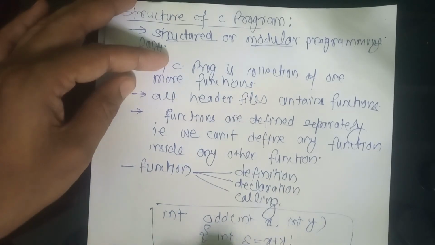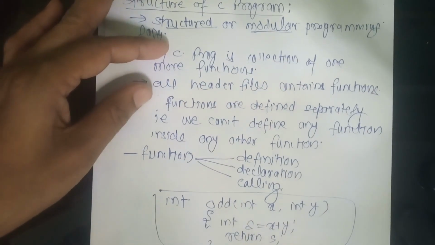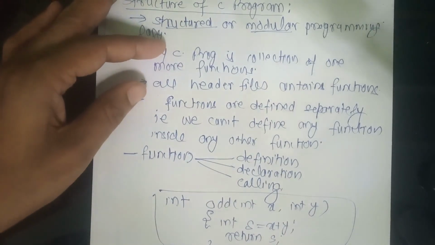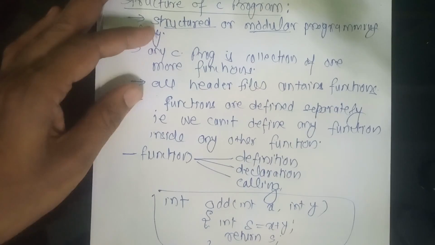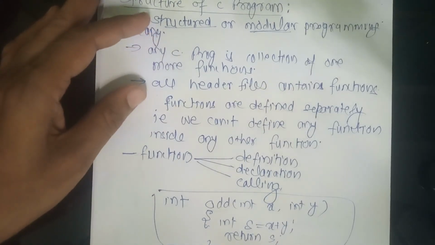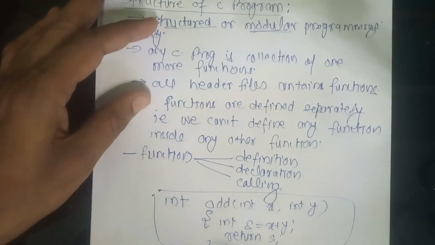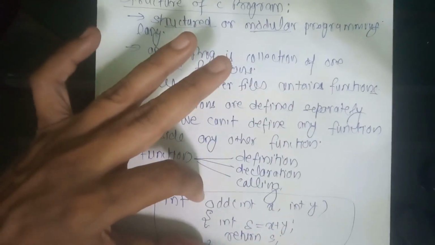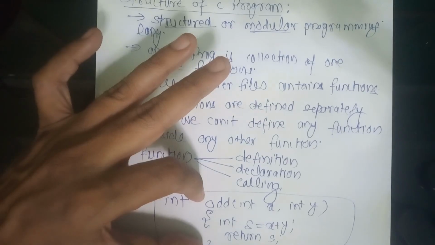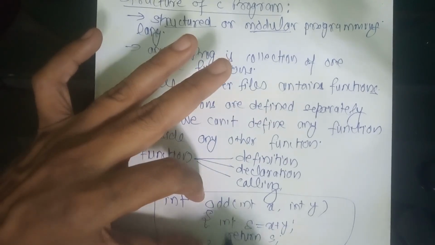Here we have to write the body of the function, and we need to declare the function sometimes. We need to declare the function if the function is defined below any function where it is to be used.